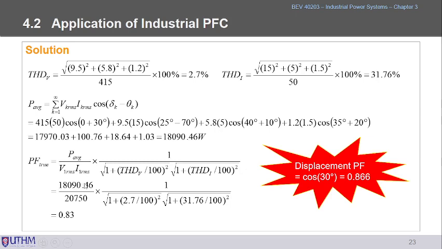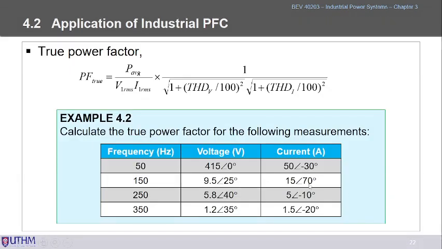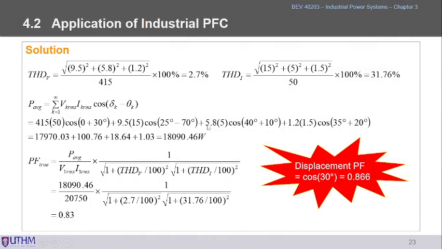By right, if you add the harmonic content, it should be more than this one, right? Because of the angle here, some is positive leading and some is lagging. So that's why when you add up all this, we realize that it is smaller than the fundamental. Okay, and we just put in 2.7% here and 31.76% here.